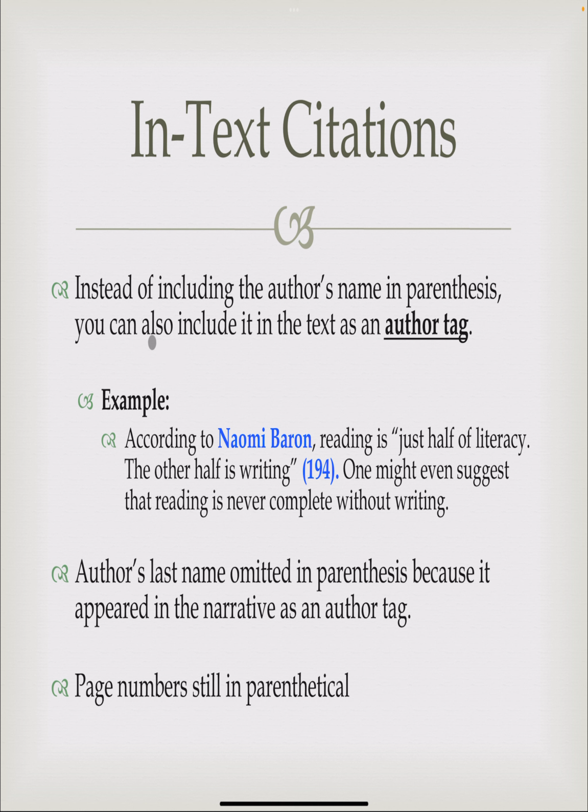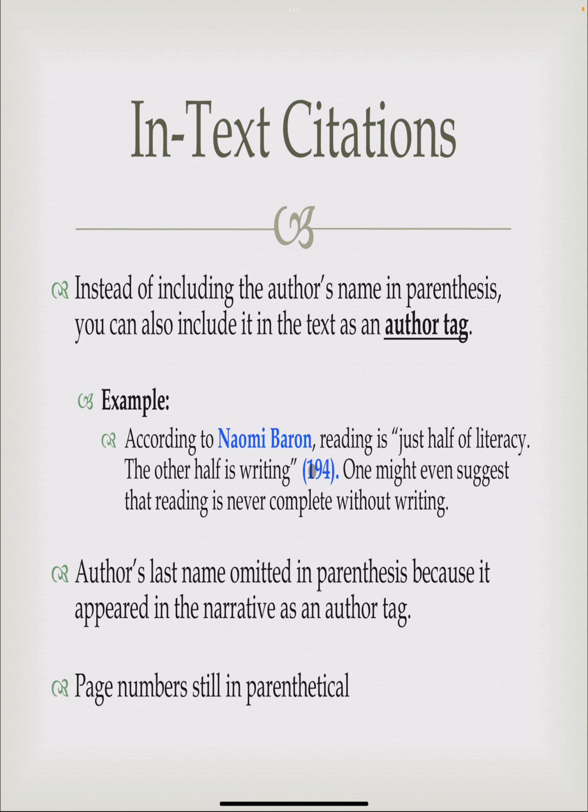When you use that, instead of including the author's name in parentheses, you can also include it in the text as an author tag, right? So according to Naomi Barron, right? So according to, that's a way of attributing the following information to this author. Here, Naomi Barron being the name, and then 194 shows us what page number.